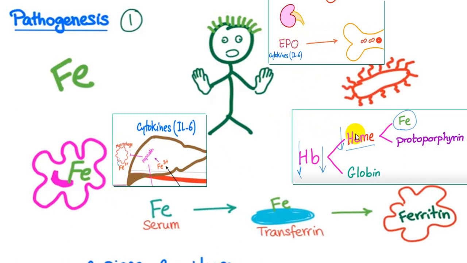And also iron is not available, and because iron is not available, you cannot have heme synthesis, and when heme synthesis cannot take place, hemoglobin will be low, so it will be hypochromic, and because of decreased hemoglobin synthesis, over a period of time the RBC will become microcytic.